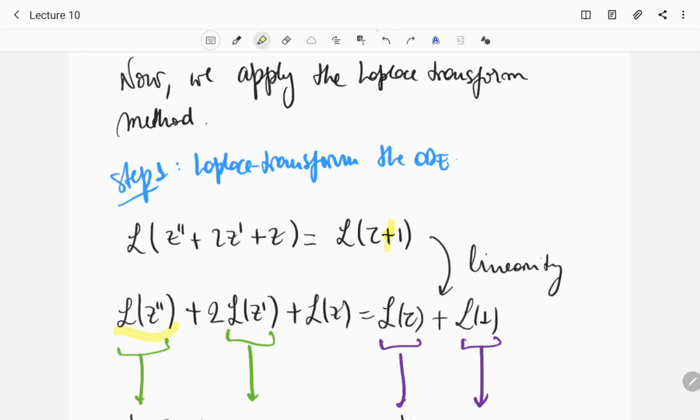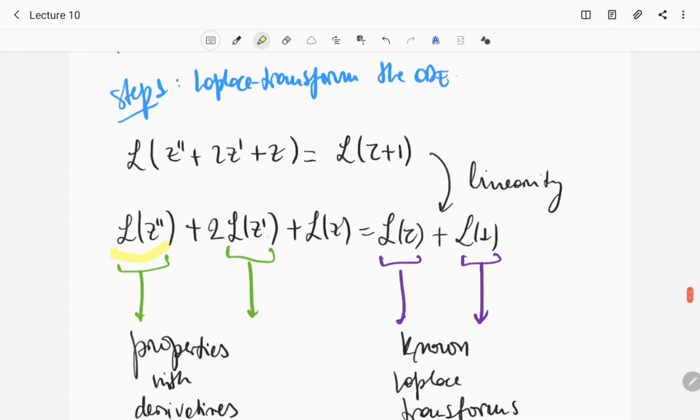And of course here we will use known Laplace transforms, and here we will use the properties relating derivatives and Laplace transform.